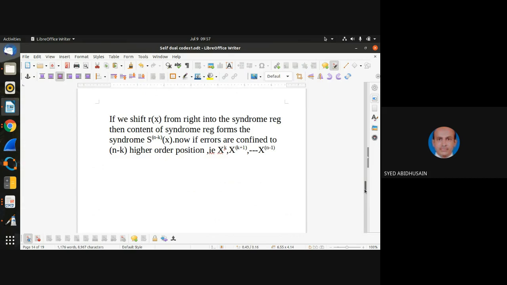So this is the concept in error trapping. We are actually trapping the error into particular terms in the received polynomial. That is called error trapping decoding.